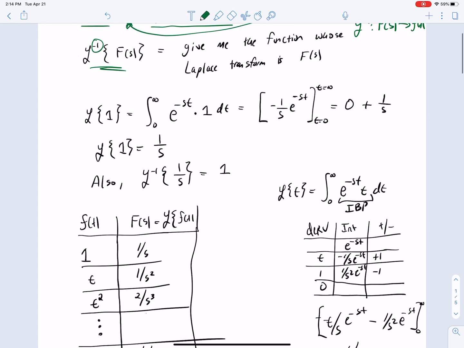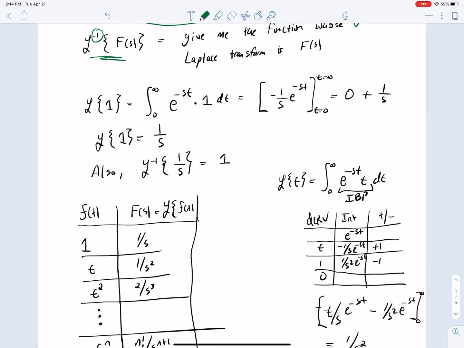So I think some simple examples might help. Let's do the Laplace transform of the function 1. The function 1 is just a horizontal line, y equals 1, right? So we're asking, what does this flat value of 1 become after we transform it?